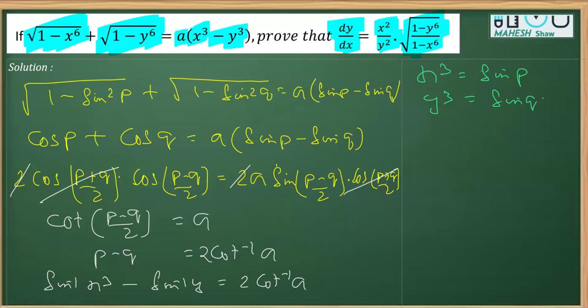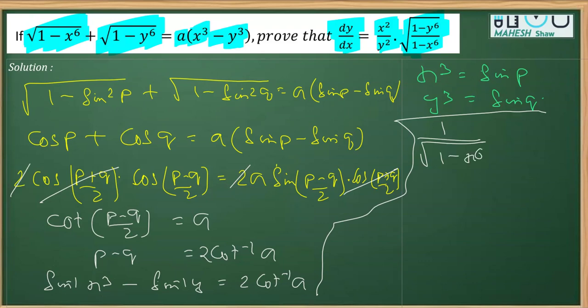Now, from here onwards, we will differentiate both sides with respect to x. The differentiation of sin inverse x is 1 over √(1 − x²), and here x is x³, so it's going to be 1 − x^6.